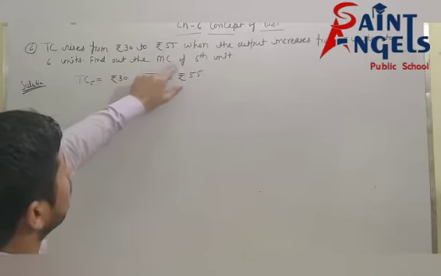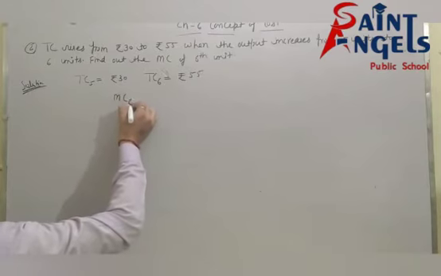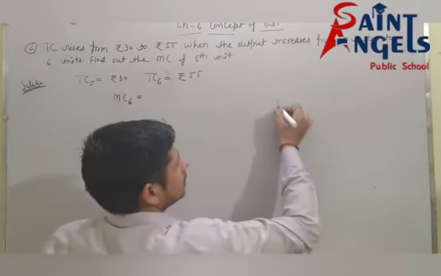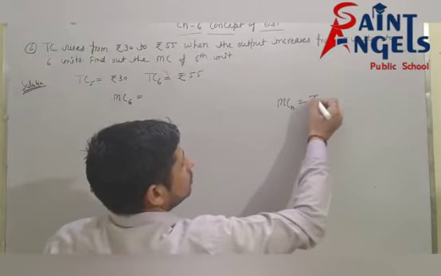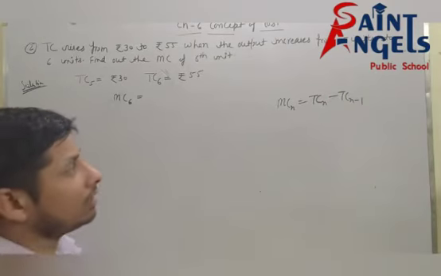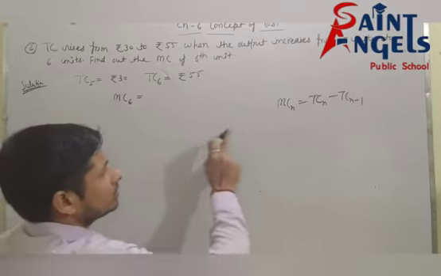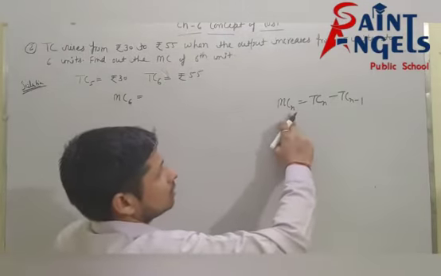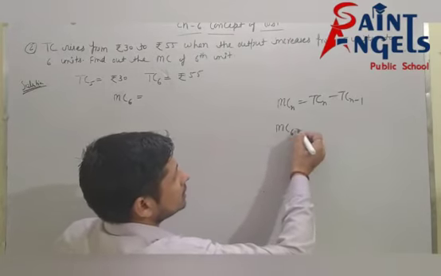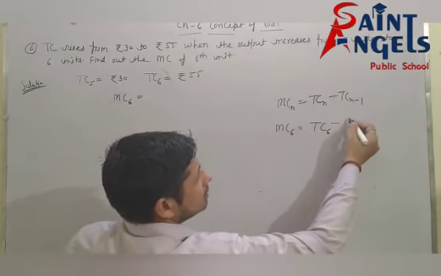Find out the MC of the 6th unit. What is the formula of MC? MCn is equal to TCn minus TCn minus 1. But here we have to find MC6, so you will write 6 in place of n. MC6 is equal to TC6 minus TC5.